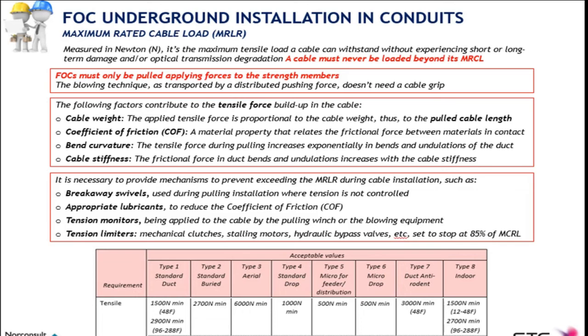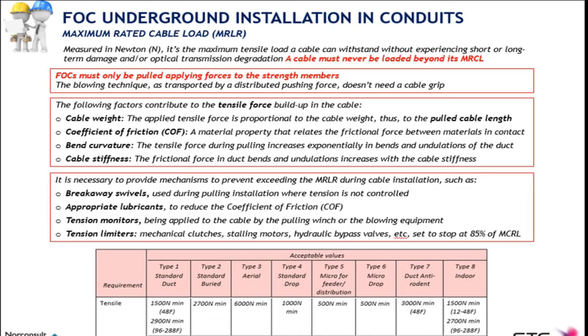So these are the factors that contribute to the increase of tensile forces in the cable. You have to keep them in mind to try to decrease, with all possible techniques that we are going to see in a minute, this tensile force, and keep it under control and below the maximum rated load.